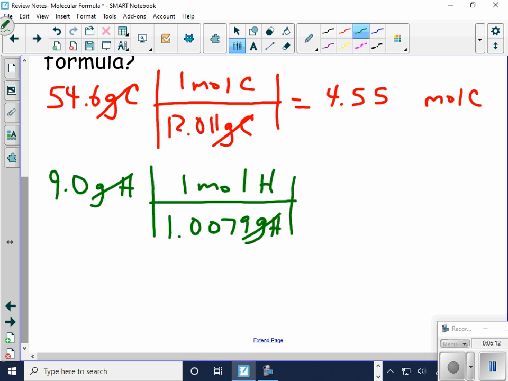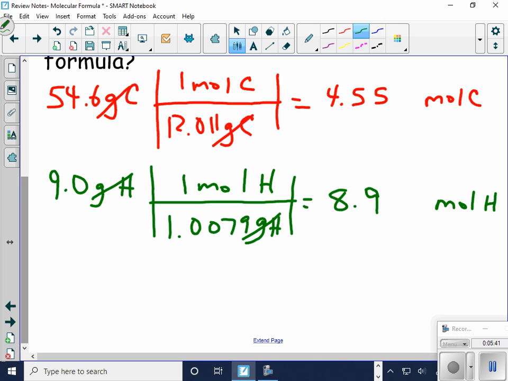My grams are going to cancel. That's going to leave me with moles of hydrogen. I do my math. 9.0 divided by 1.0079. That's going to give me 8.9 moles of hydrogen.